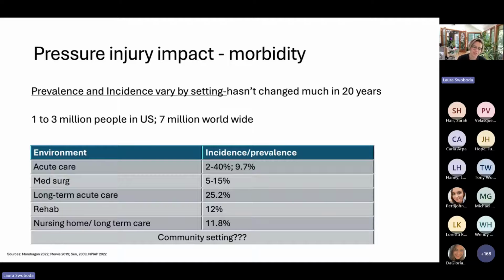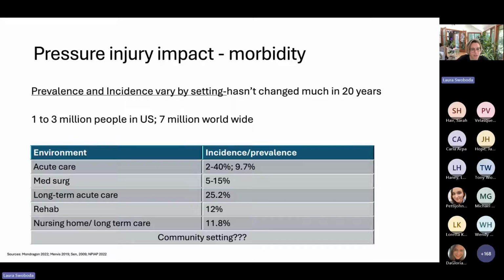The prevalence and incidence of pressure injuries varies by setting, and unfortunately, it hasn't changed very much in 20 years. The cost of care has escalated. We have a lot more interventions, but a very similar prevalence and incidence. We have 1 to 3 million people in the US, 7 million worldwide with pressure injuries.